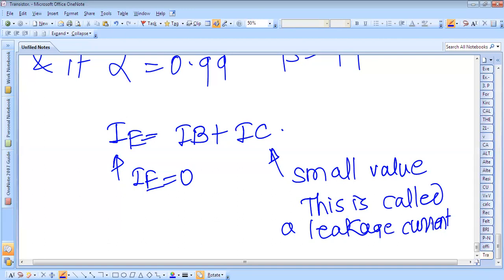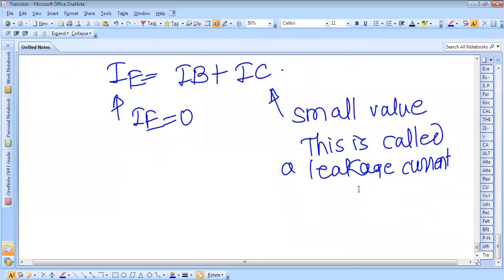This leakage current is given by the symbol ICB0, being the collector base current with zero emitter current, because this is a collector to base current for the emitter current 0.